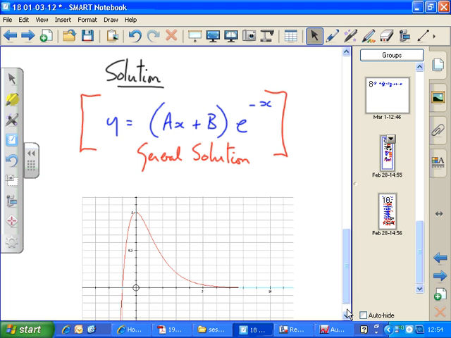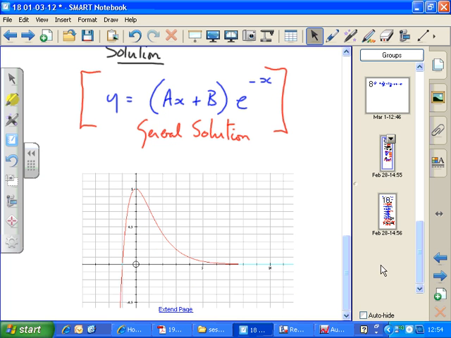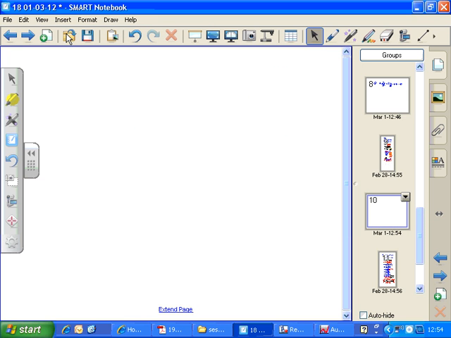particular solution. Okay, we've got one more example to look at. And here it is. See if I can write it correctly this time.